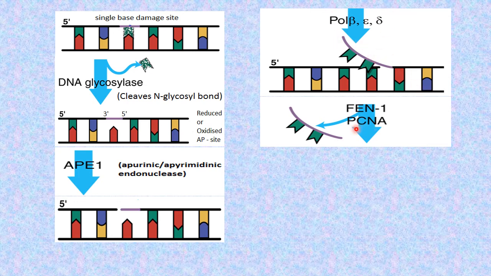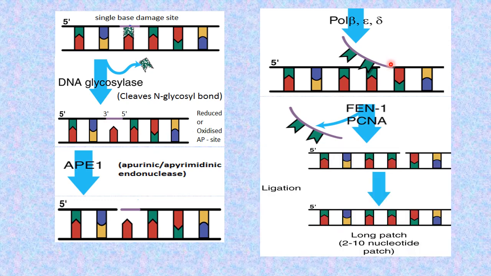So with the help of PCNA and this flap endonuclease, the phosphodiester bond towards this site is also cleaved, and this results in the formation of a long patch of nucleotides that may range from 2 to 10 nucleotides.